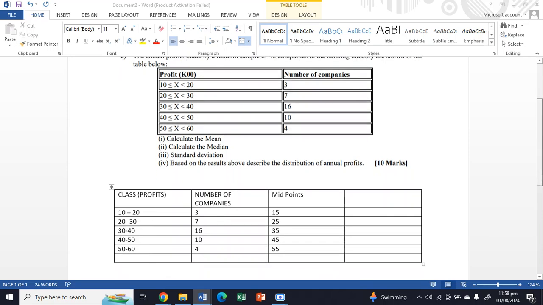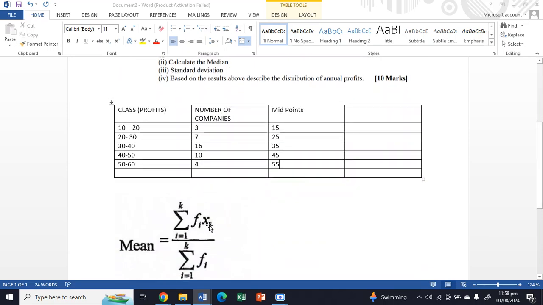So these midpoints represent this x here. And then this f, which is the frequency, is here under the number of companies. So you multiply each frequency by the midpoint.